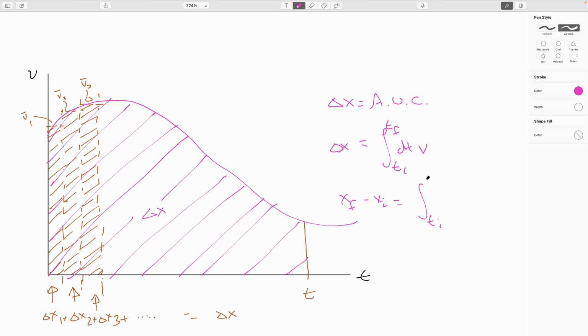And again, if you don't know what an integral is, I'll introduce what bits we need, but for us, it's just always going to be this area under the curve. I can add x initial to both sides and get that the final position is the initial position plus this area under the curve.